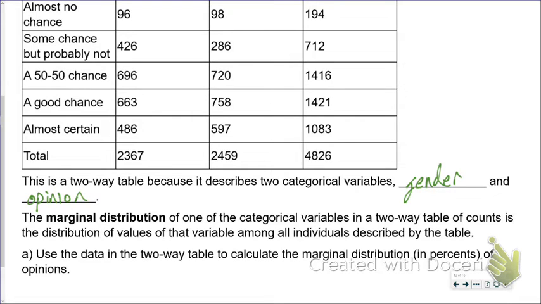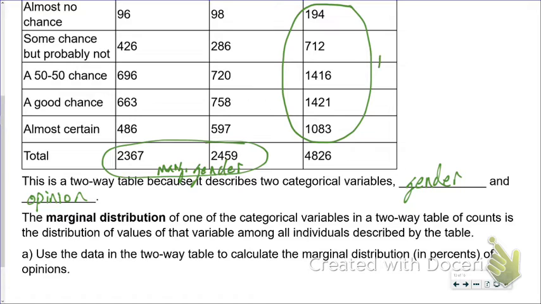There's this other vocabulary word called marginal, and it's the distribution of values in the margin of the table. So for example, this is the marginal distribution for gender, and this is the marginal distribution for opinion.